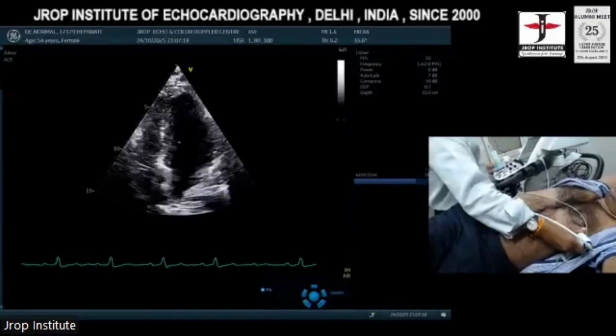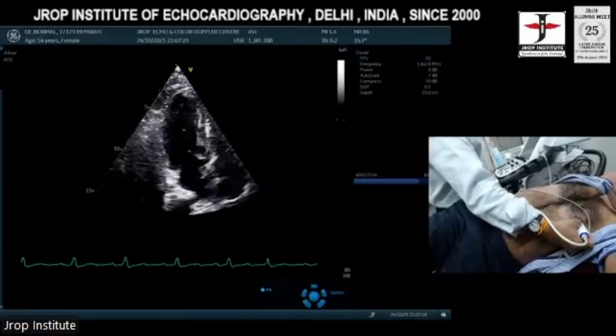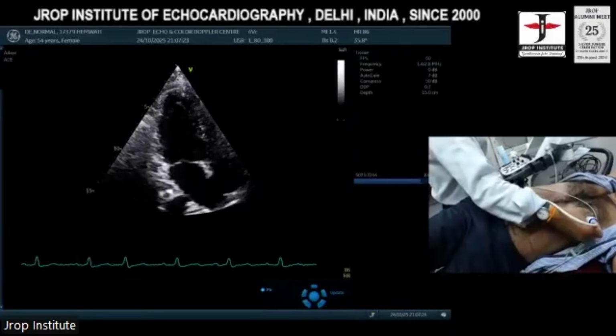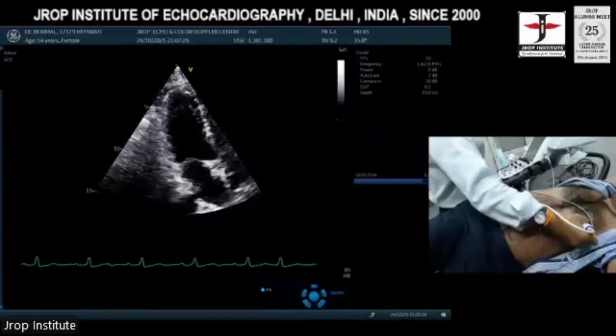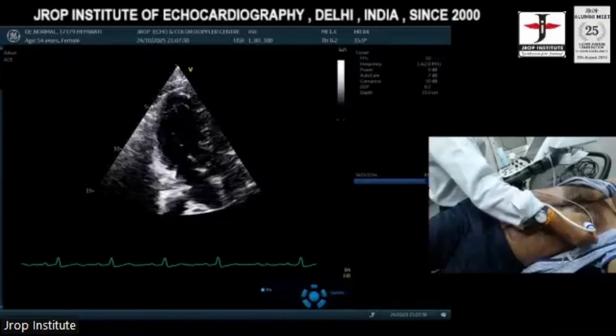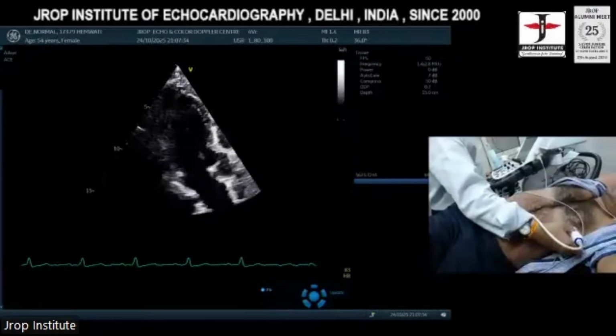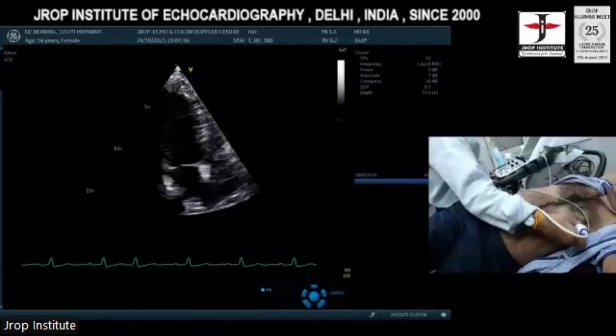So I'll go back to the V and now rotate my probe in such a fashion that I am in the Mayo Clinic recordings. My index marker, which was at the 3 o'clock position, now has come to the 9 o'clock position.